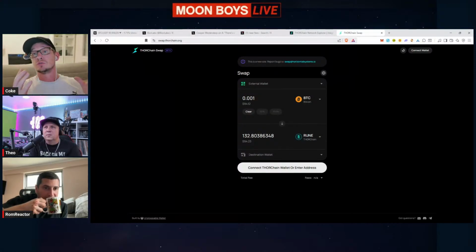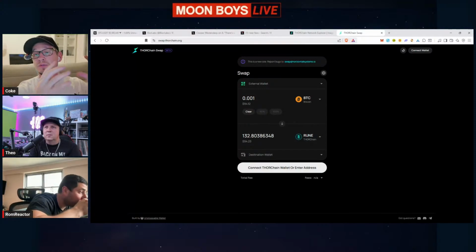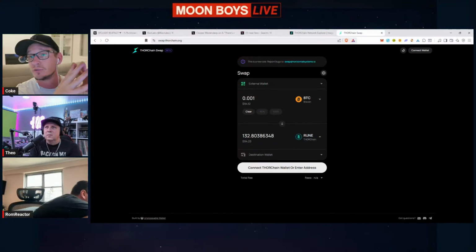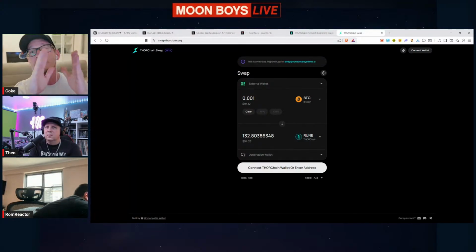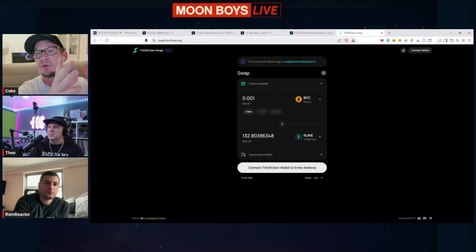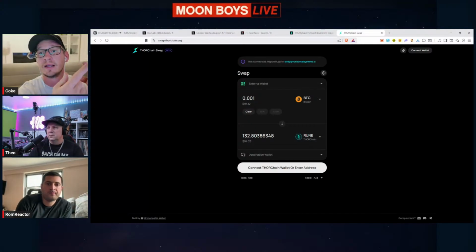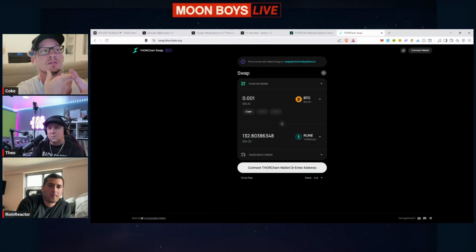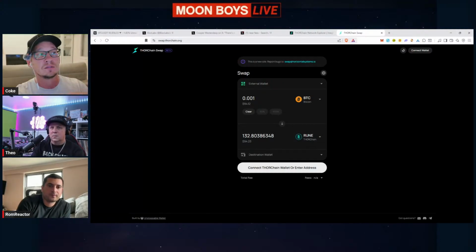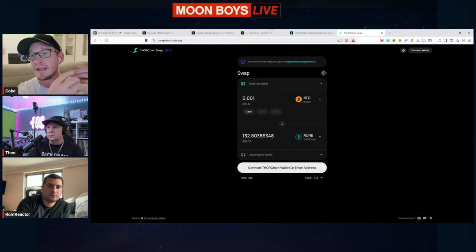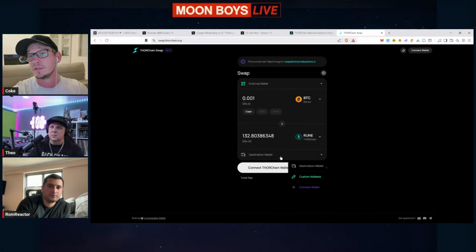So the nodes have control of the Bitcoin that you send in. But with the dust, you will describe your intent, or your action, what you want to do, right? You get your ID. So ThorChain knows what you want back, and more importantly, the destination wallet, where you want it.